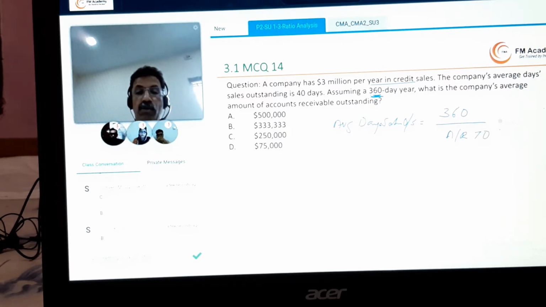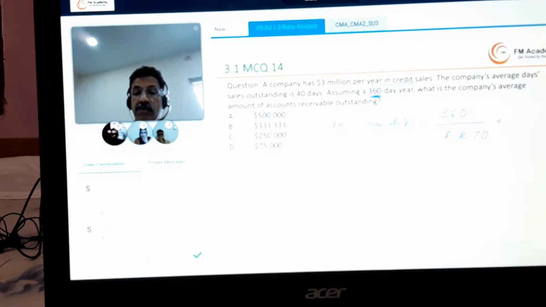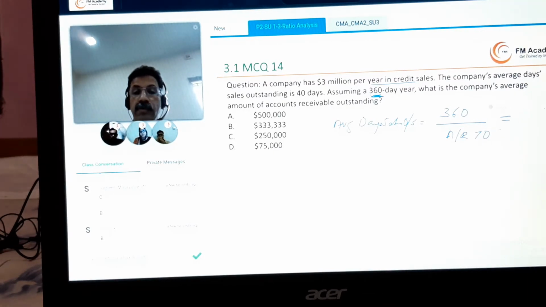This is one formula we have learned. So this gives us 40 days. You can find out the account receivable turnover that way, or is there a better way to do this?